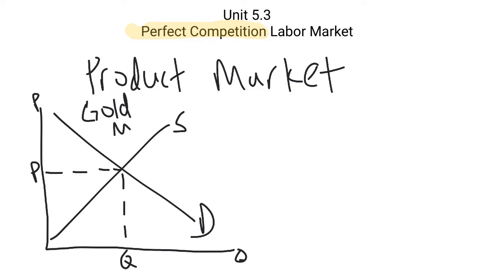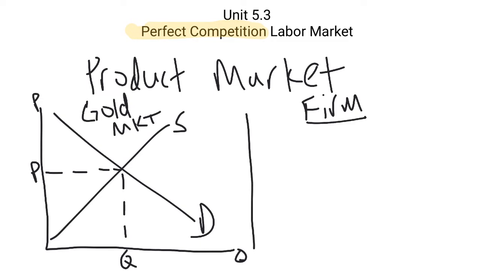This is the market. And then what we look at is that there might be a firm itself that is producing gold. So if I am over here, this is the individual firm. What price can they get for gold? Well, they get the market price.